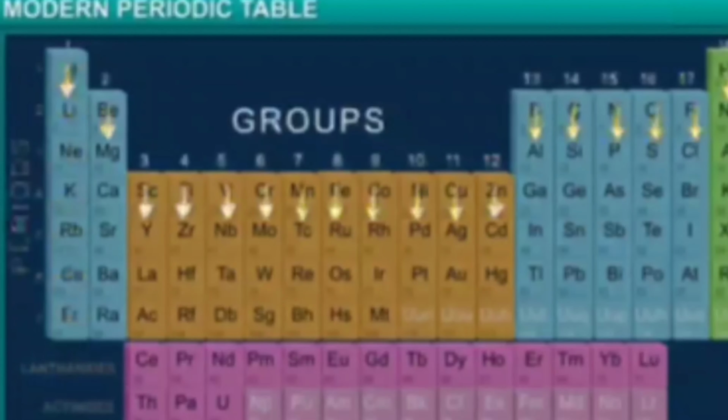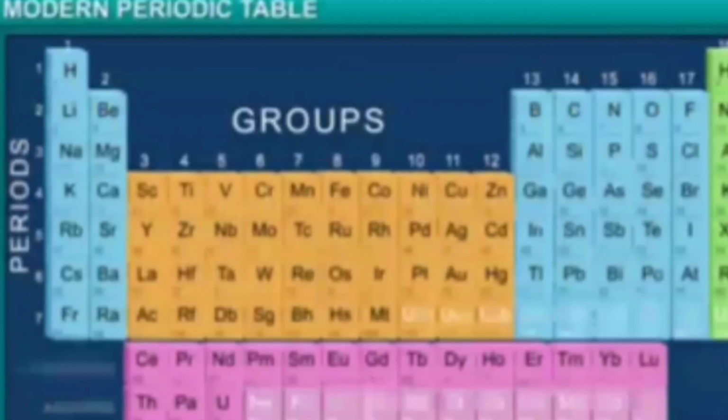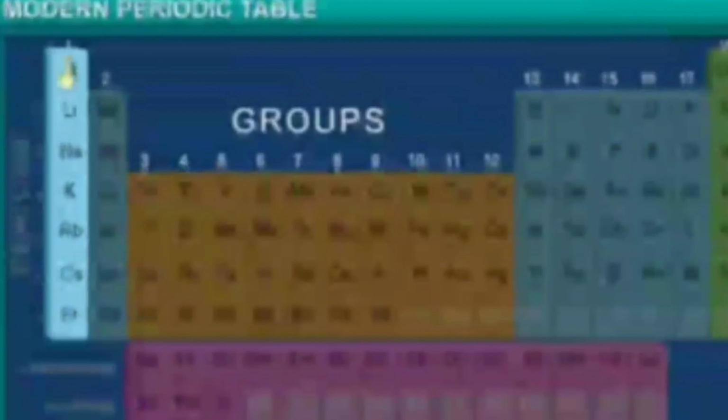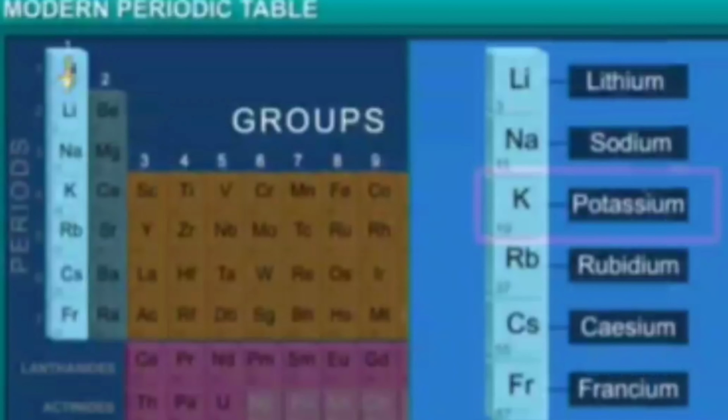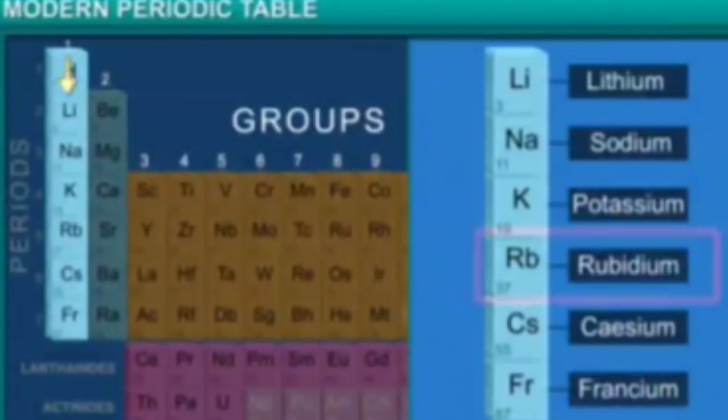So these are periods and these are groups. In the first group, we see lithium, sodium, potassium, rubidium, cesium, and francium.